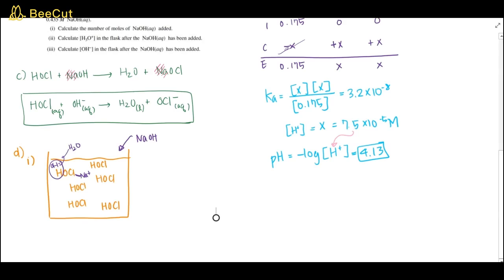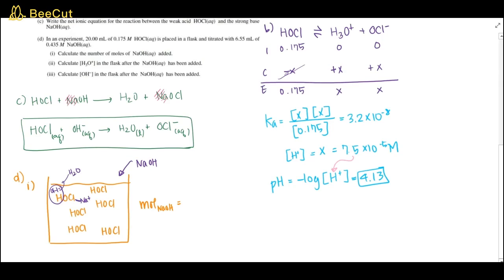So what is my mole of NaOH? So they have given us 0.435 molarity of it, and they have also given us 6.55 milliliters, which if we were to convert it, is going to be 0.00655 liters.